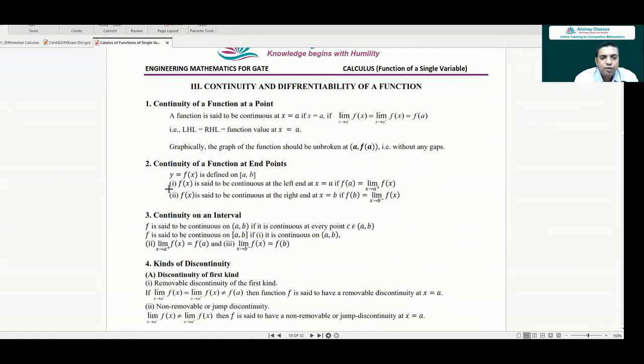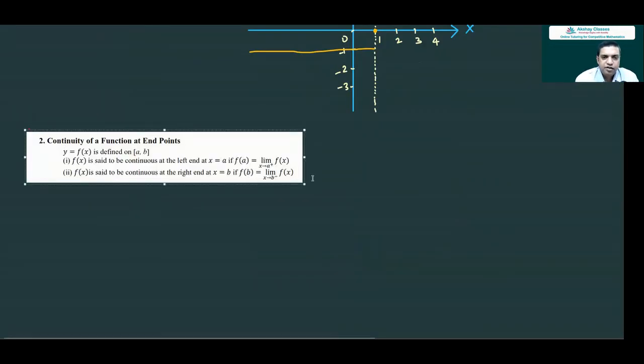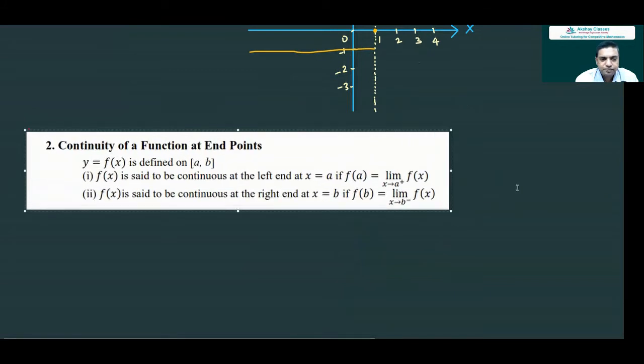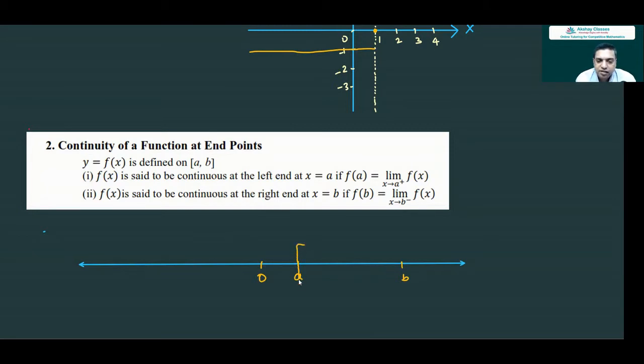Now, continuity of a function at endpoints. Let us say the function is defined on a closed interval AB. So this is 0, and let's say this is the point A, this is the point B. The function is defined on this closed interval AB only.